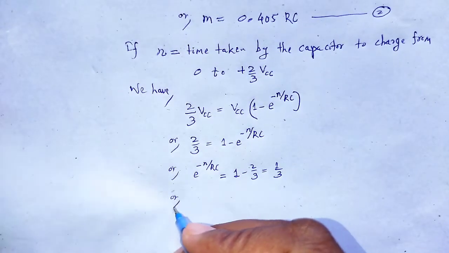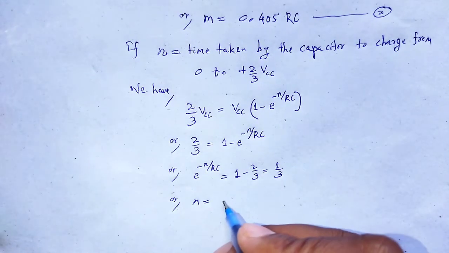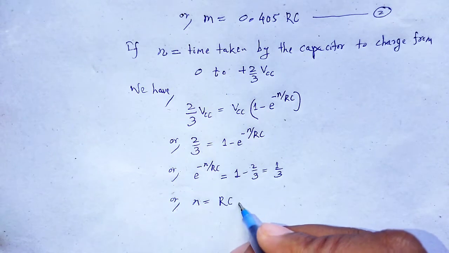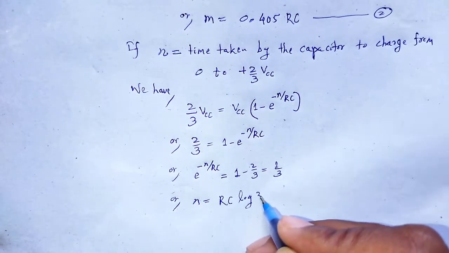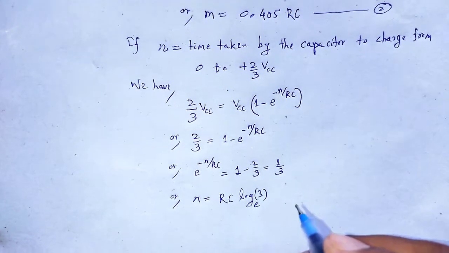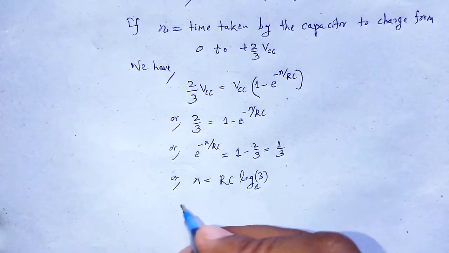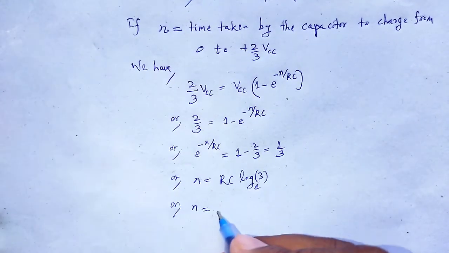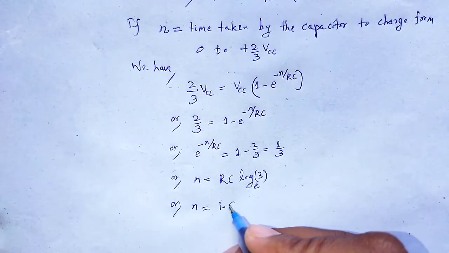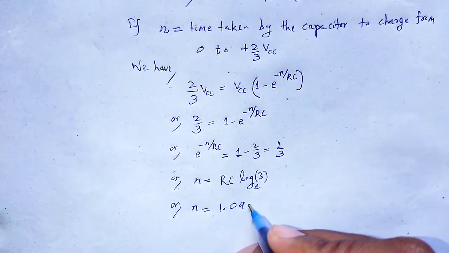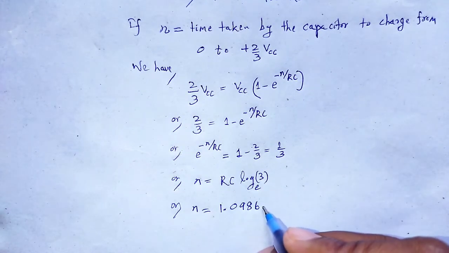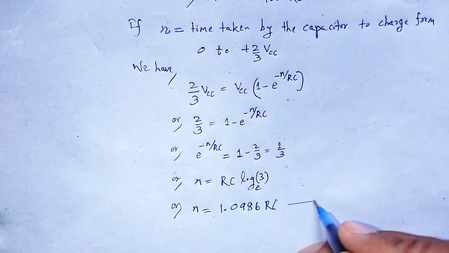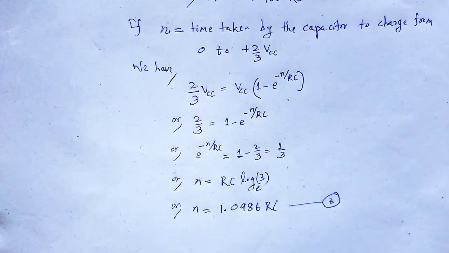Now n is RC log of 3 base e, that value is n equal to 1.0986 RC, that is equation number 3.